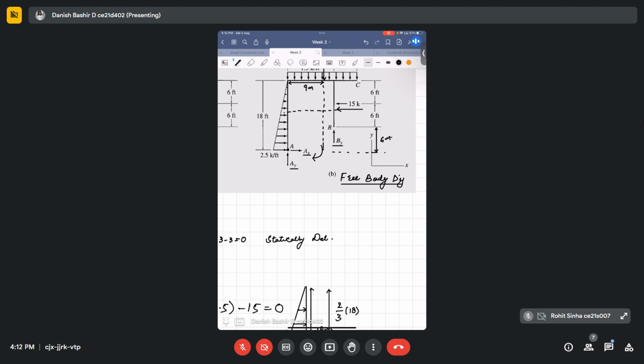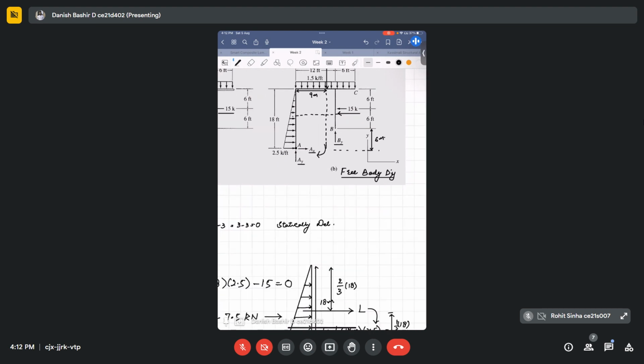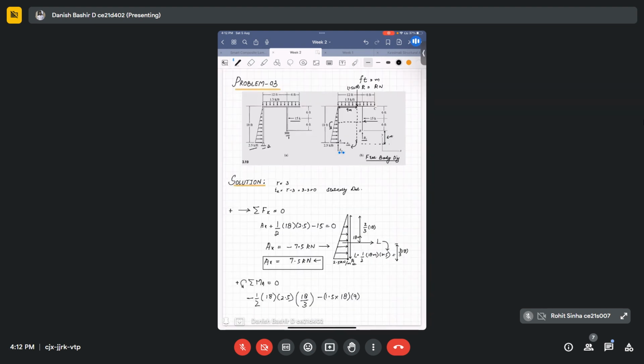So it will be acting at a distance of 12 meter, and since it's creating an anti-clockwise moment, it will be positive. Plus, what is the total load? 15, and what is the lever arm? 12. So 15 multiplied by 12.